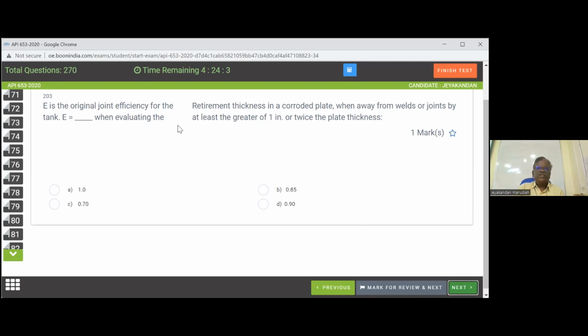E is equal to 1 when evaluating the required thickness in a corroded plate when away from the welds or joints by at least the greater of 1 inch or twice the plate thickness. So E is equal to 1.